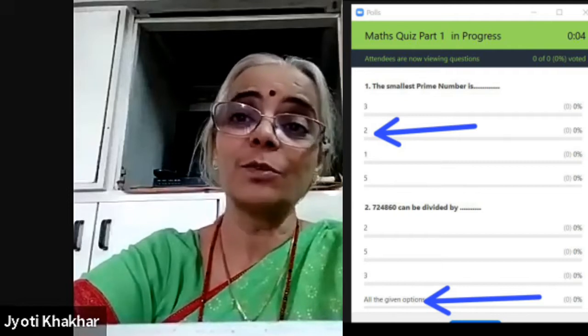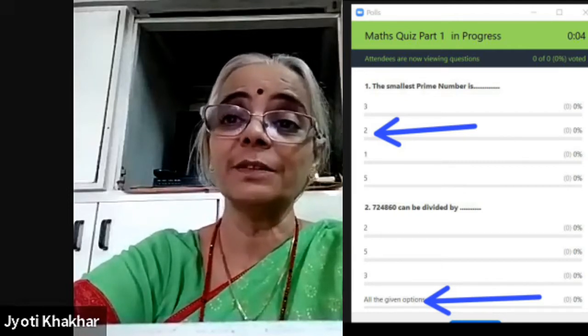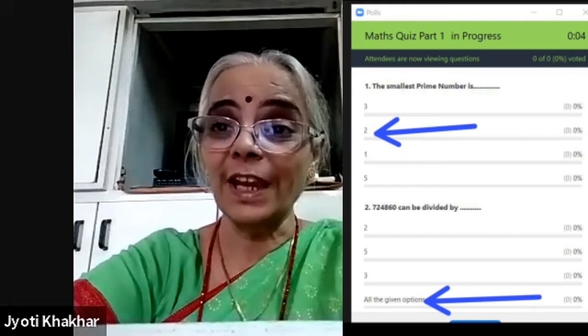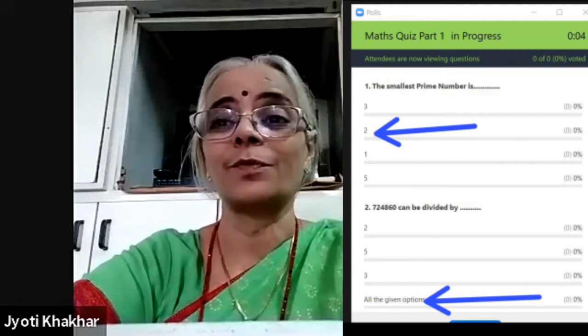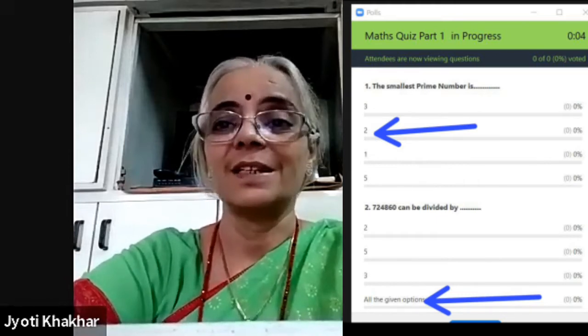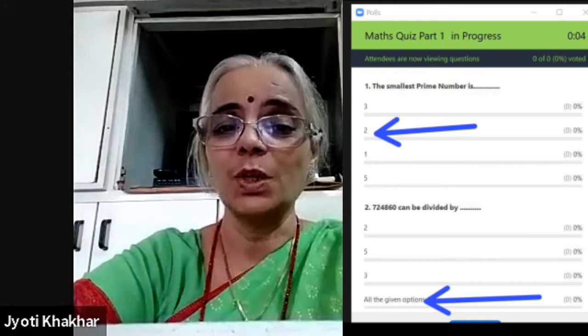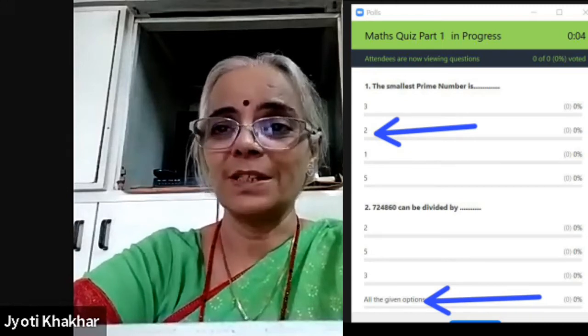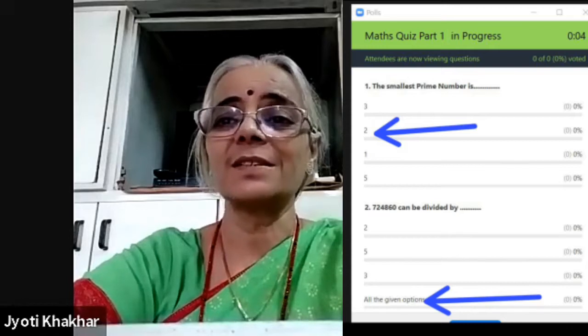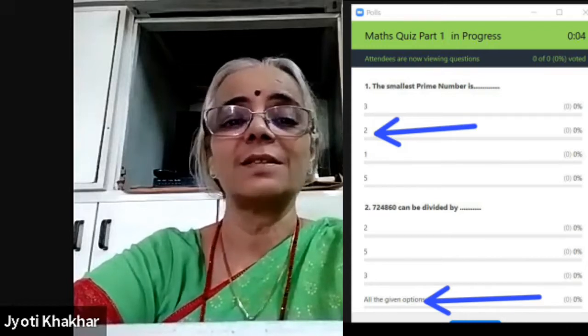And what is the rule of divisibility of 3, children? We add all the digits of the given number. So let's add it. 7 plus 2 plus 4 plus 8 plus 6 plus 0. And just say, what is the answer?